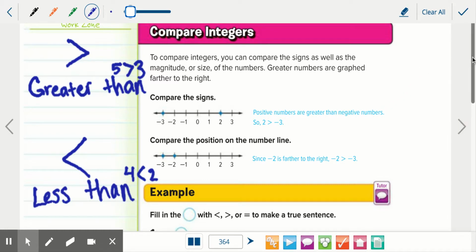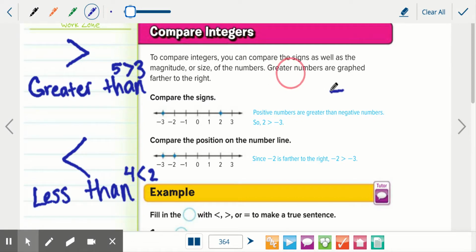All right, so one way that we can compare numbers is by using a number line. One thing that we need to know is that with our negative numbers, the further left you go, the smaller the number. The further right you go, the larger the number.